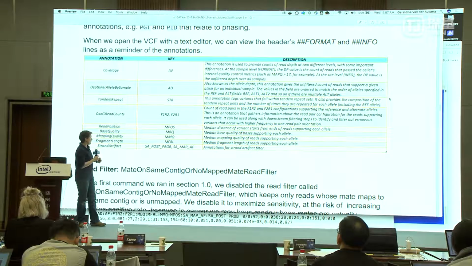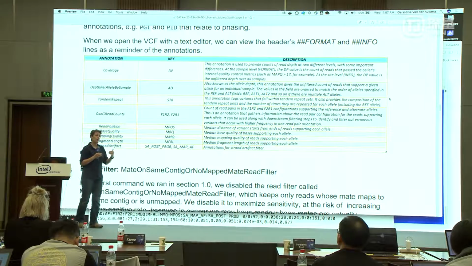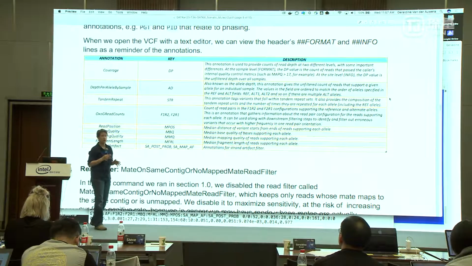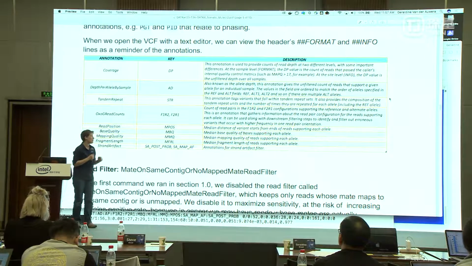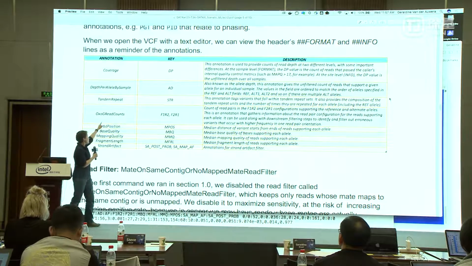We also look quite a lot at artifacts like strand orientation, because when we have support for the variant allele only from reads that all read in the same direction and not from the other direction, that's a very common sign of some kind of artifact, probably PCR-related. And also the read count.